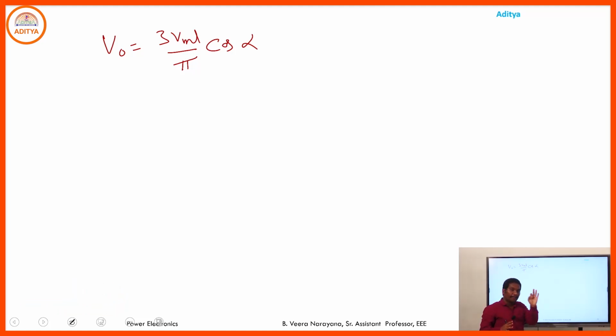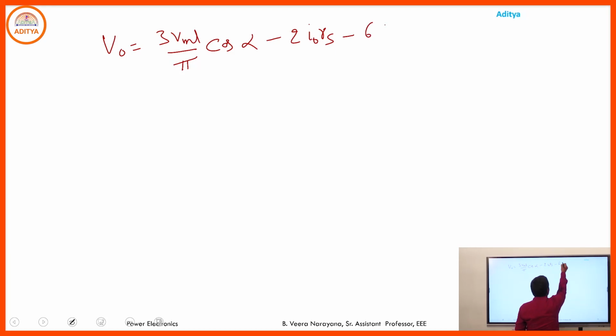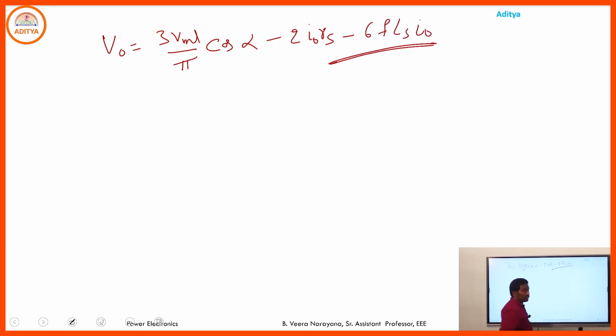So if the per phase resistance is taken as Rs, then minus 2 I naught Rs. This is the voltage drop across the source resistance. And by considering the inductance, then minus 6 f Ls I naught. This is the final DC output average voltage across the load for the 3-phase full wave converter by considering the source impedance.